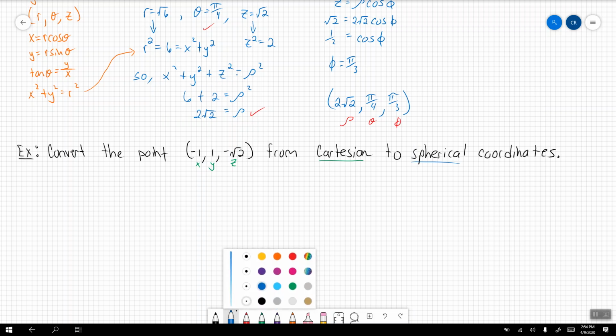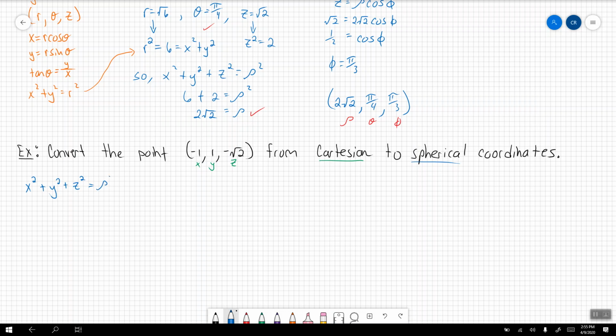The first conversion that I'm going to want to use is that x squared plus y squared plus z squared is equal to rho squared. So that's going to be -1 squared plus 1 squared plus negative root 2 squared is equal to rho squared. So that's going to be 2, 1, 1, so it's going to be 4.